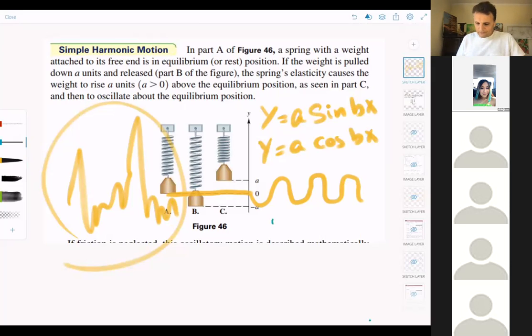For example, I give you y equals 6 sine of t. Why do I put t, sine of t, not x? Because t represents time. If it goes on for 5 seconds, for example, then it will stop. At one point, it's going to stop. If this is the equation for that simple harmonic motion and I ask you what is the amplitude, Karen, what is the amplitude here?